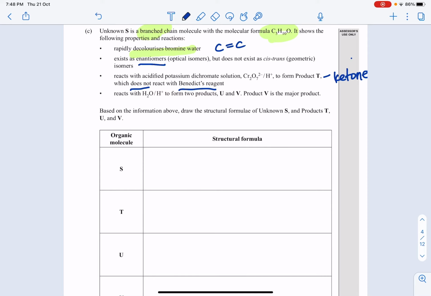So a ketone means it is derived from a secondary alcohol. So since it's a secondary alcohol, we will have an OH group. And the last one, we have water, acidified hydrolysis, that forms two products with V as a major product.